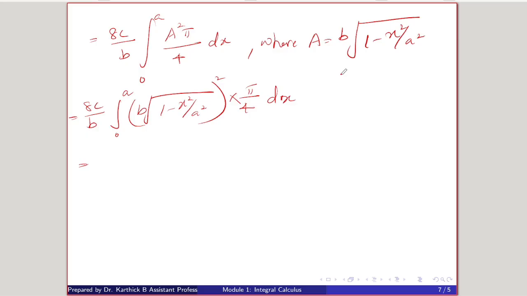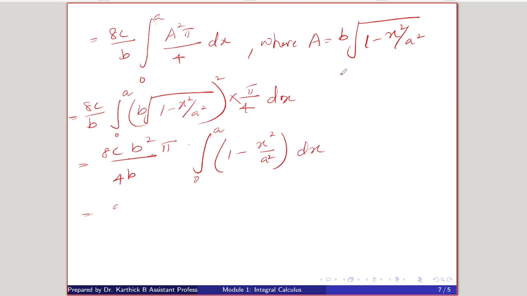So again here it is b square, so I may take the constants outside, b square by b, and pi is also a constant, so I may take all the constants outside, and the remaining it will be 0 to a. Then square and square root will get cancelled. The remaining term will be 1 minus x square by a square dx.